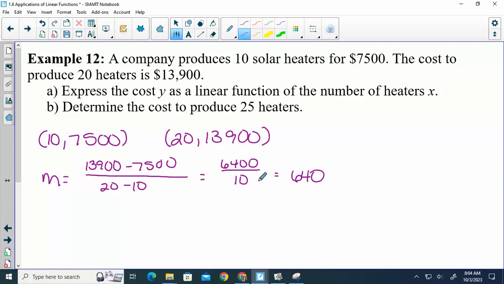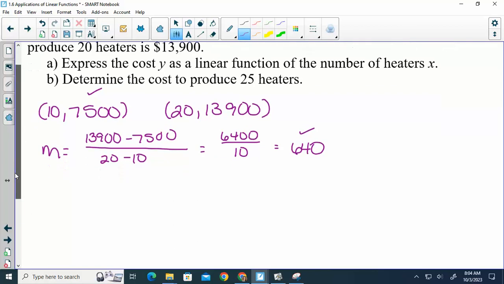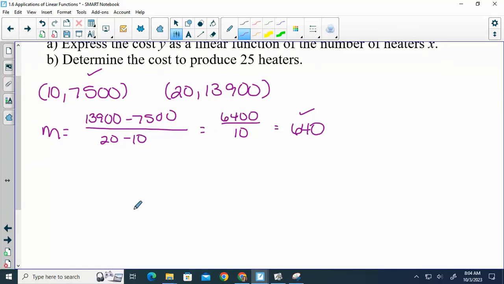Take my slope and one of my 2 points. We're going to plug into, did we do point slope formula usually here? y minus y1. So y minus my y value, 7,500, equals m, 640, times x minus the x value, which is 10.